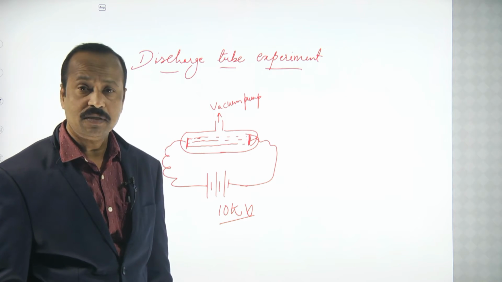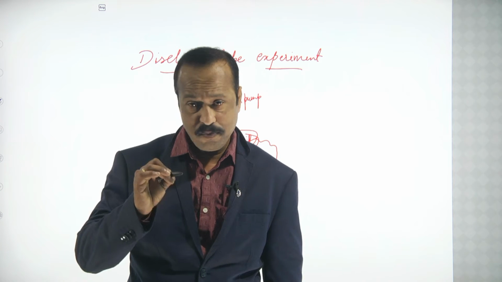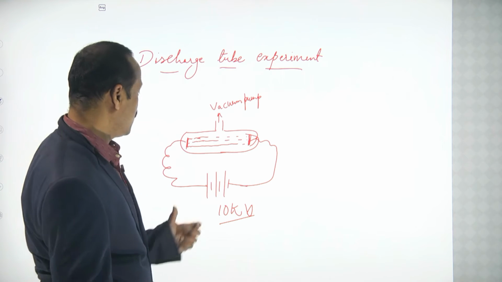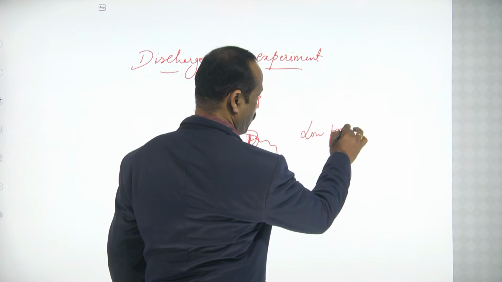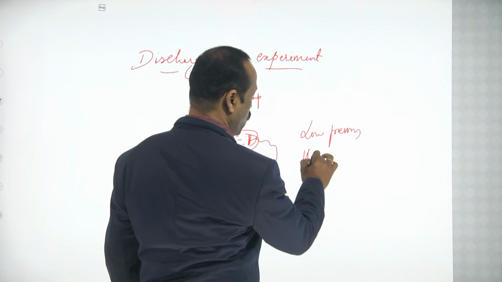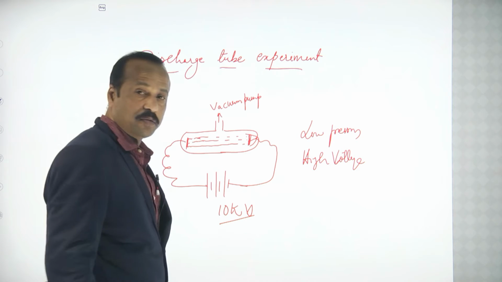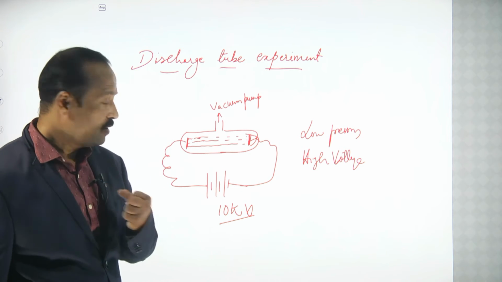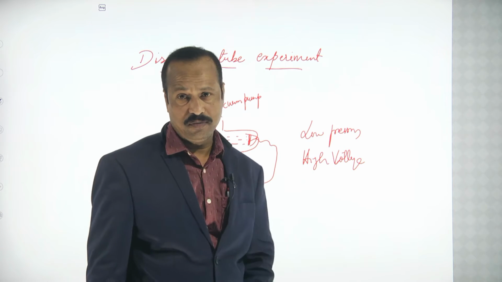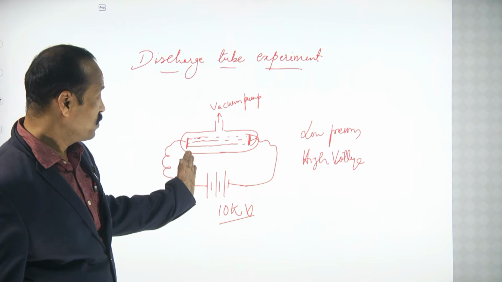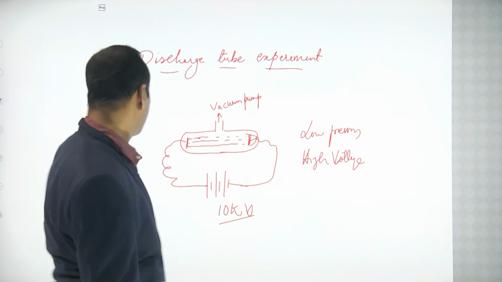Later it was proved that they are not rays, but particles. Under very low pressure and high voltage, some rays start from the cathode and move towards the anode. As they originate from the cathode, they were called cathode rays.